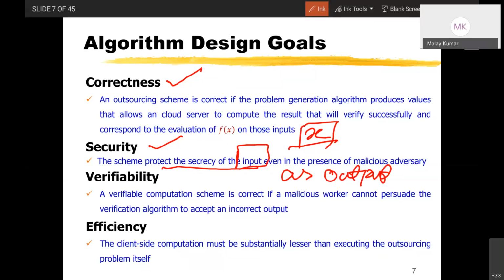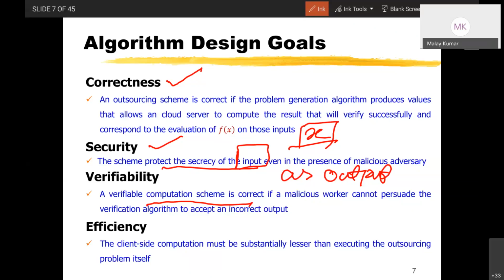Even a cloud service provider should not be able to read the input and the output result. Then the verification scheme should be able to verify the correctness of the result, and any misbehavior from the cloud service provider, any adversary, or some other client must be detected.